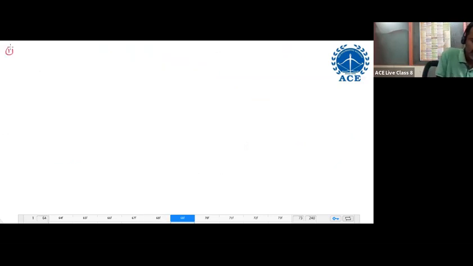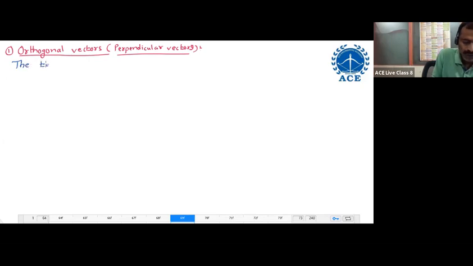Next definition, orthogonal vectors, or perpendicular vectors. Take two vectors.